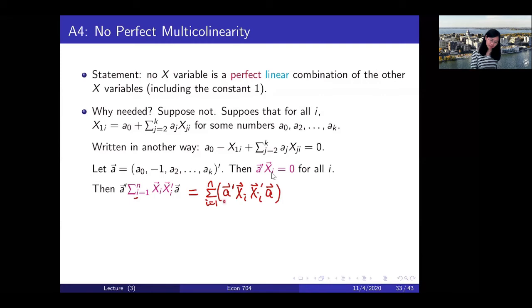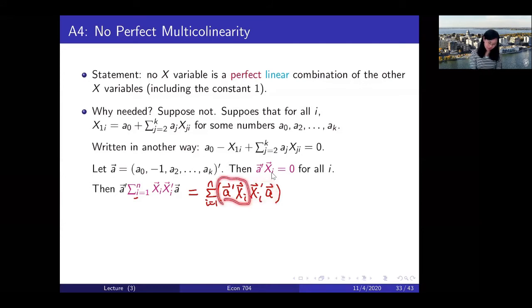Now we can look at the thing that we're summing up. A prime xi is an inner product of two column vectors. Inner products are scalars, so that is a scalar. This is also a scalar. It equals the sum of the products of the corresponding elements of A and x. And this is actually the same thing, because this is also the inner product of the same two vectors.